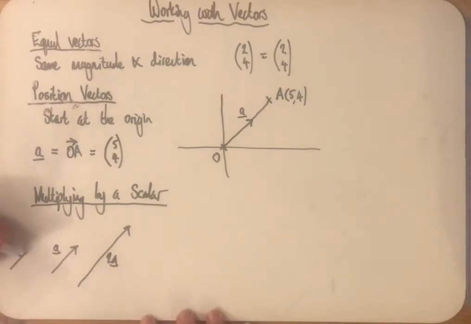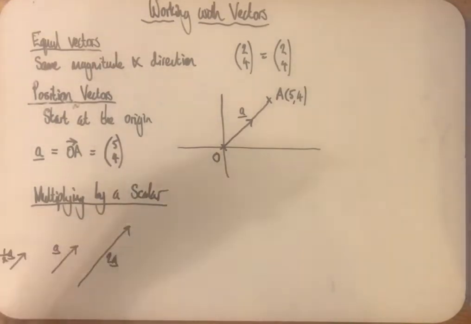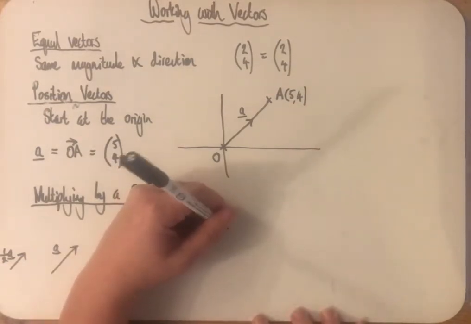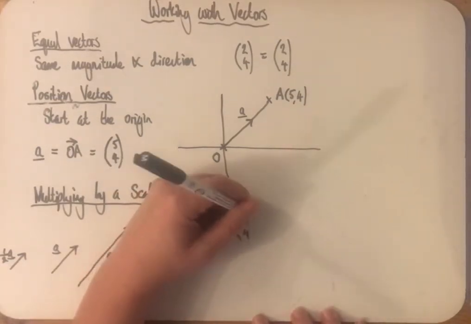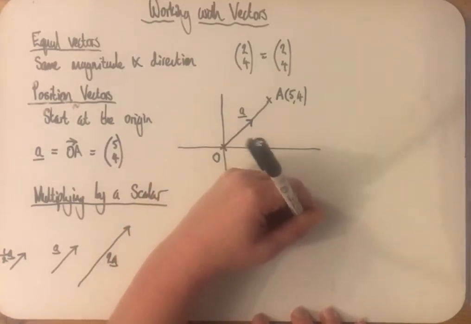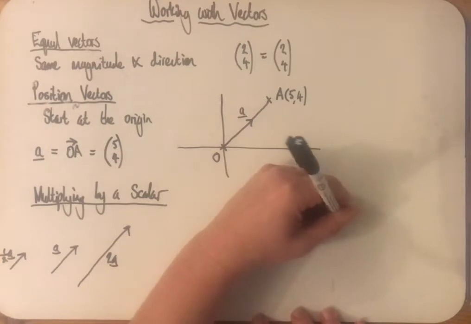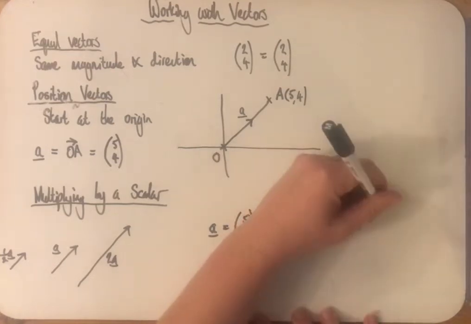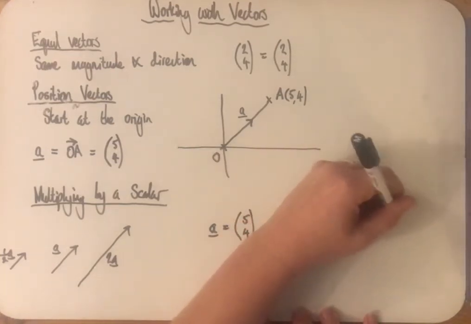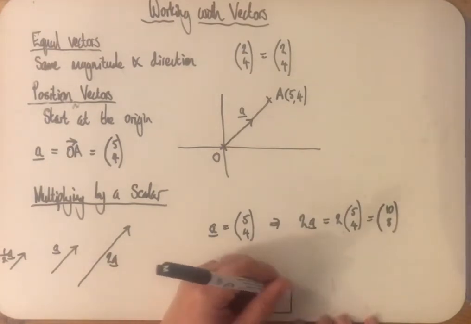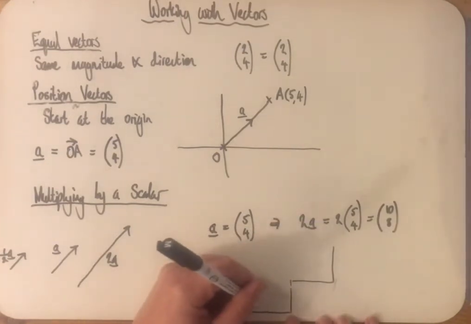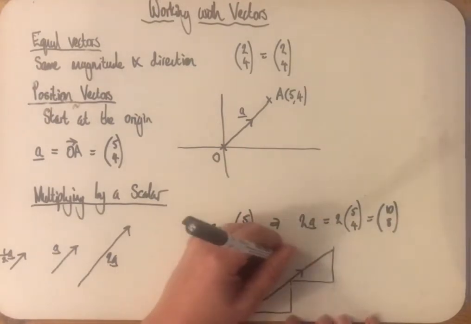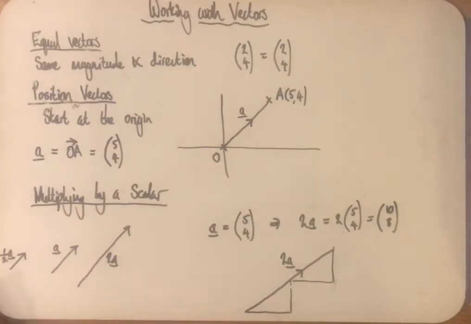Half A, same direction, half the magnitude, etc. Going back to this one here, we've got A is equal to 5, 4, then 2A is equal to 2 lots of 5, 4, and you multiply both of these by 2, which gives us 10, 8. So you're going along 5, up 4, along 5, up 4, and then you'll come along 2A.